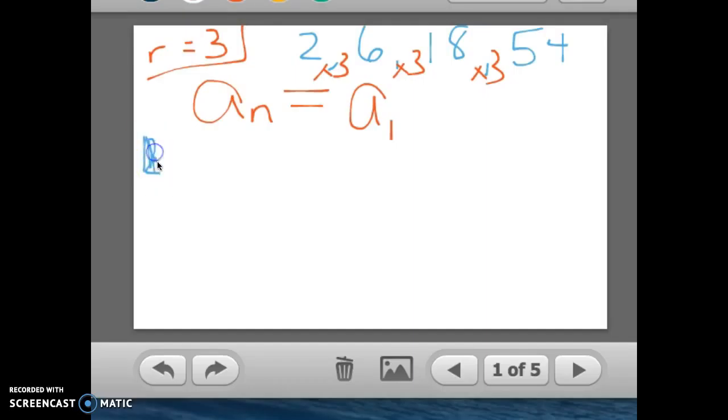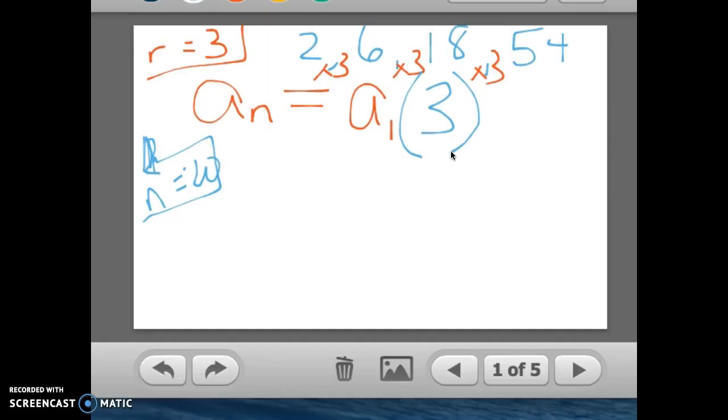So if n equals 20, then I'm going to start with that first term, and I'm going to multiply by 3, but I'm going to do that a certain amount of times. If I do it once, I'll get the second term. If I do it twice, I'll get the third term.